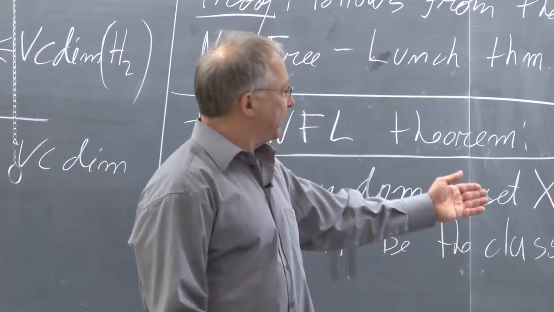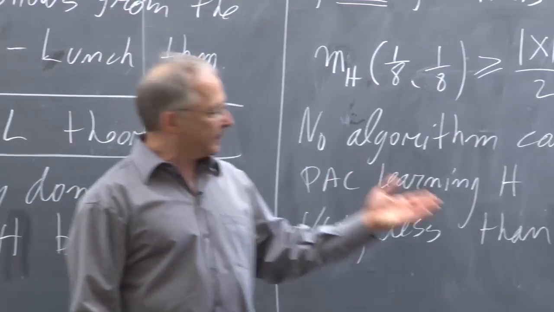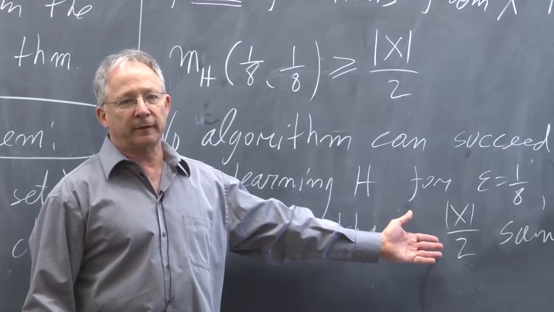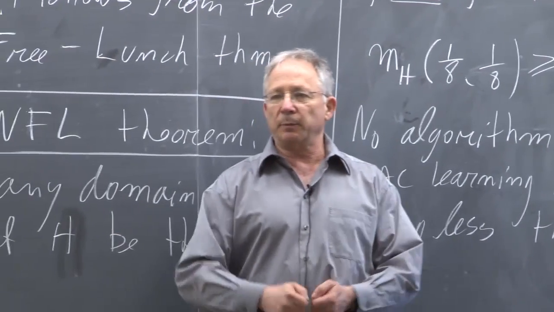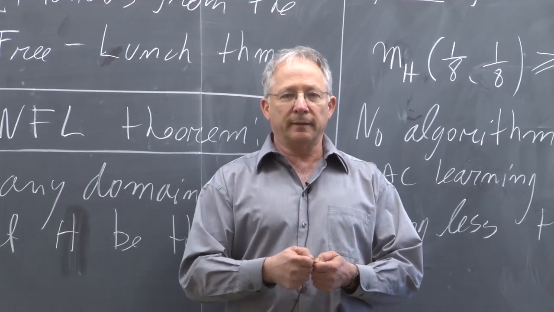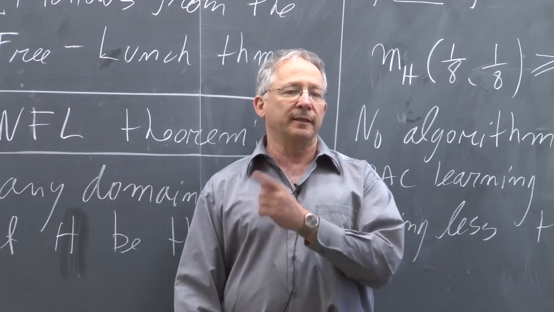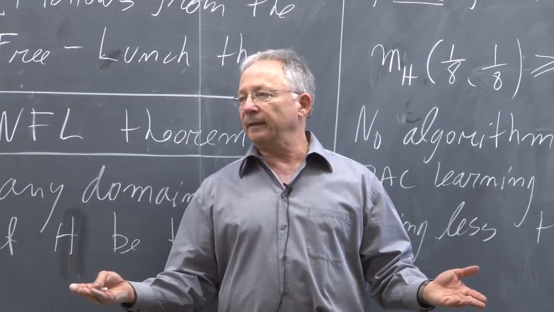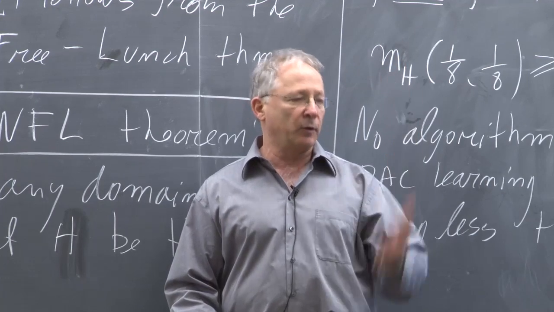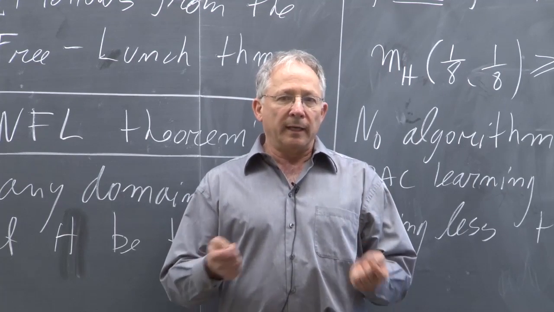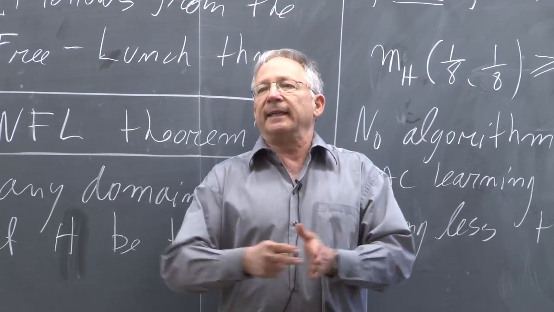And what this is saying is that if I want to predict the behavior of the full set, I basically need to see almost everything. Of course, if I see all the elements of X, and we are talking about PAC learning, where the labeling is deterministic, you don't need any learning. You can just have a lookup table, memorize everything, and you know how to predict. So learning is in this gap between how many examples I need and seeing everything.